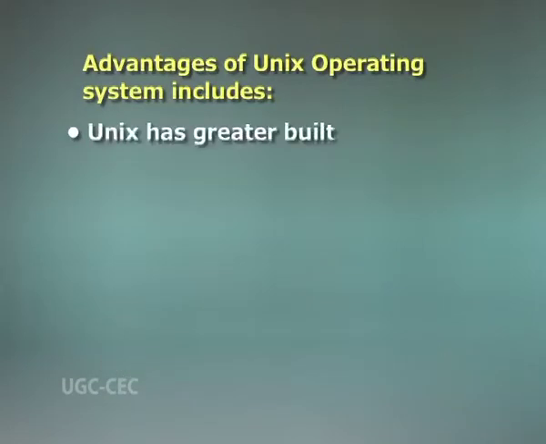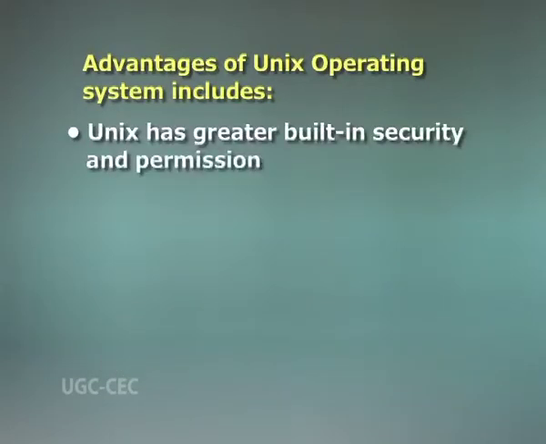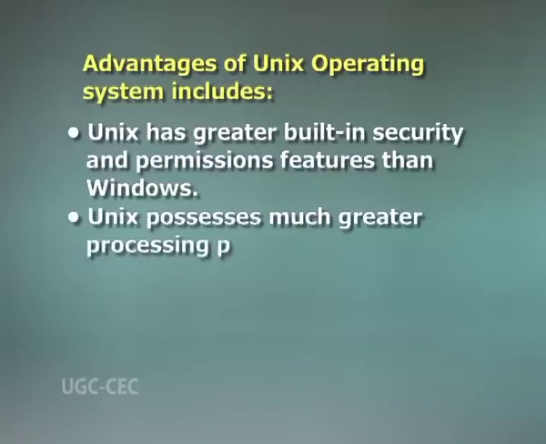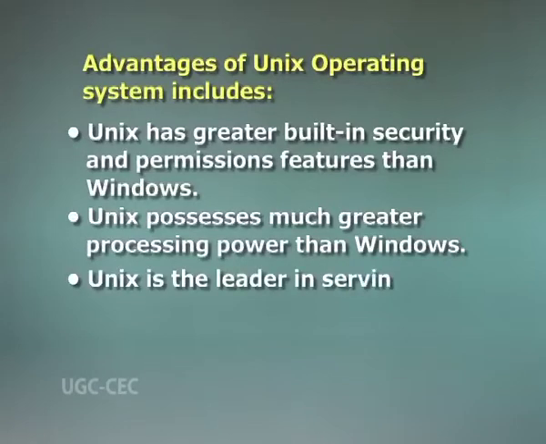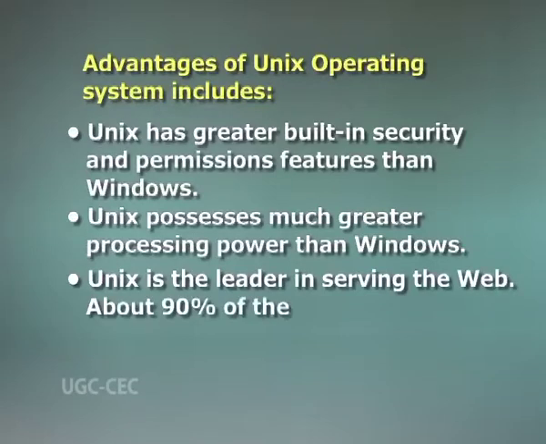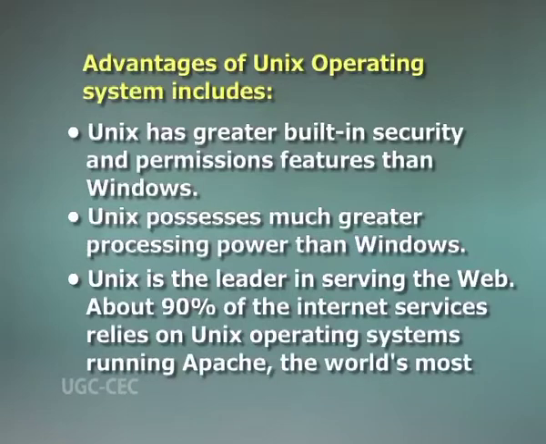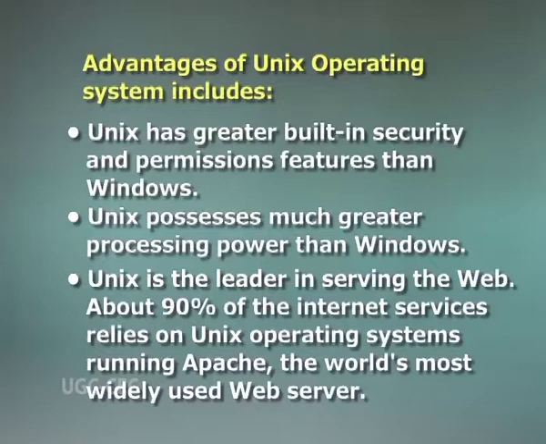Unix has greater built-in security and permissions features than Windows. Unix possesses much greater processing power than Windows. Unix is the leader in serving the web. About 90% of internet services rely on Unix operating systems, running Apache, the world's most widely used web server.